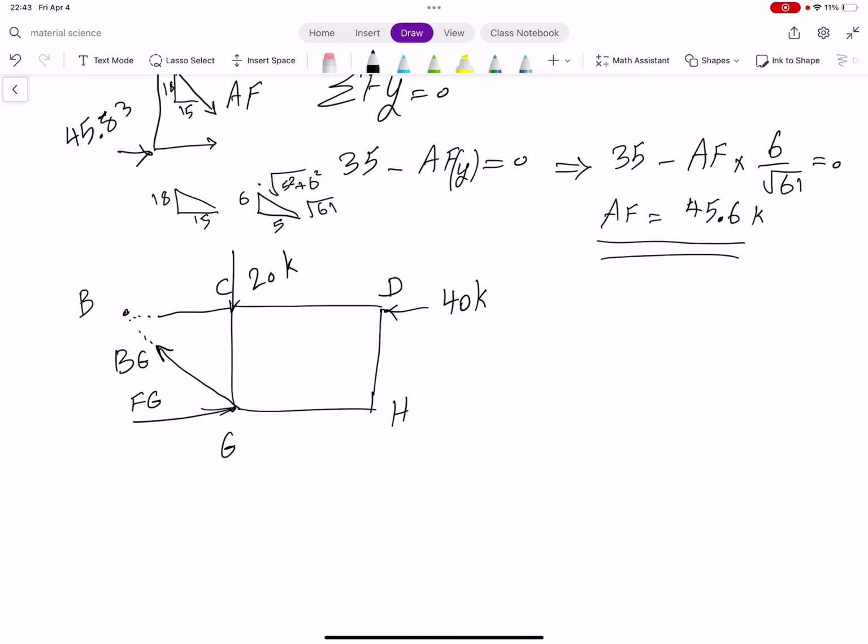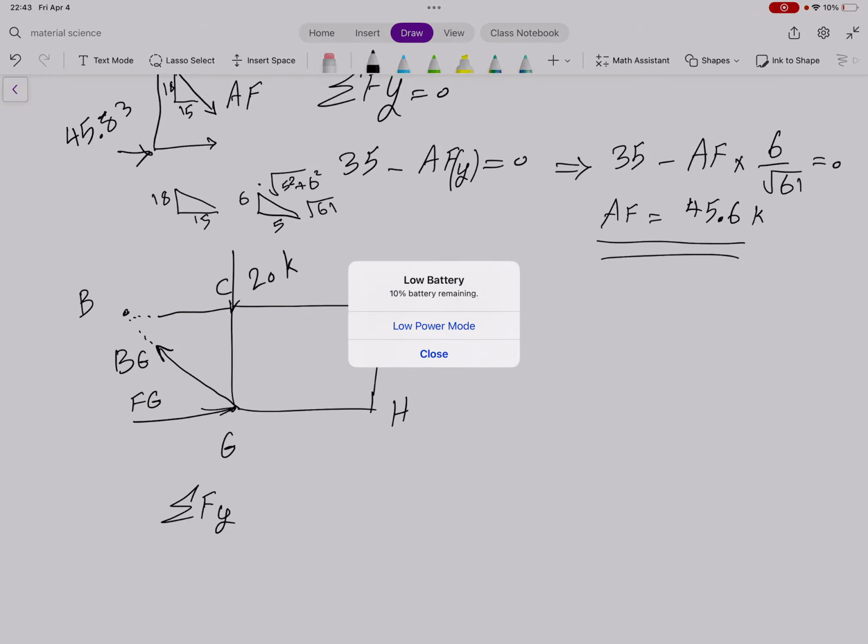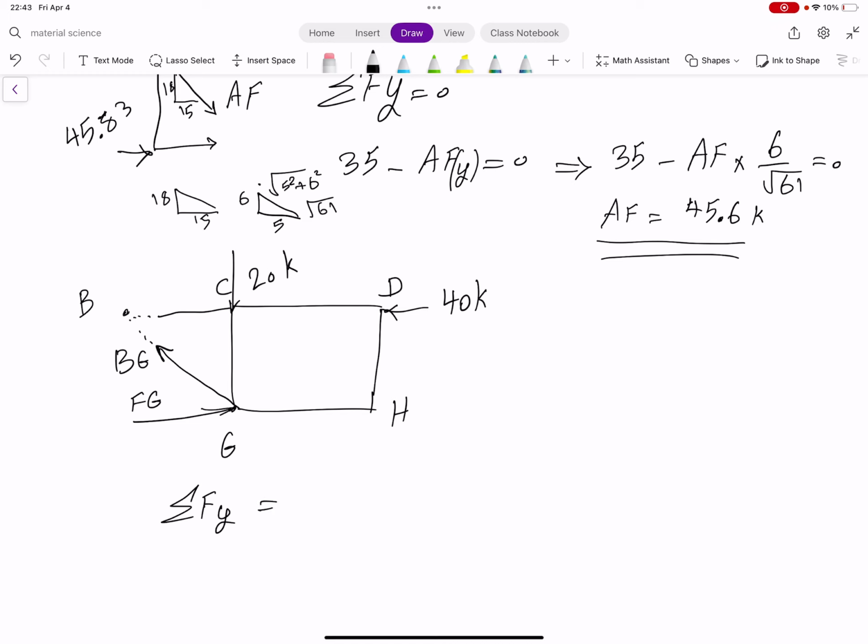I can use summation of forces in Y, because if I use it, only BG will be involved. Let's use that one. Equals 0. Then BG, I have minus 20 going down.